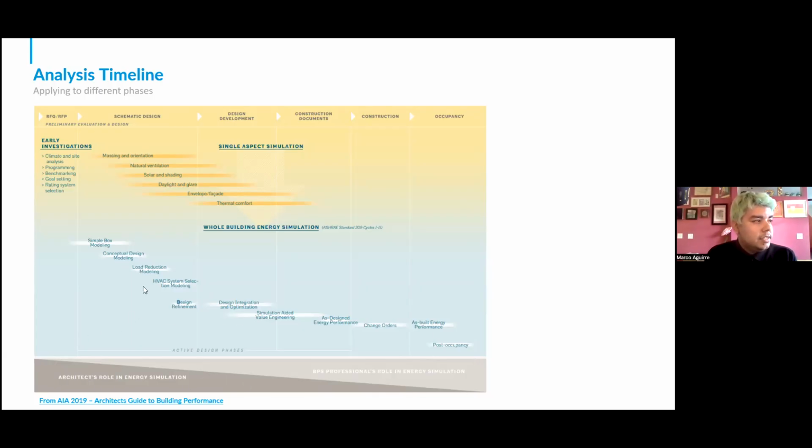But the architect does have a major role in massing, orientation, ventilation, shading, daylight, envelope, thermal comfort. And with the help of cove.tool, we can also give you more tools for energy modeling, concept design, load reduction, HVAC systems, etc. We're primarily focused on the earlier stages, but we're going to keep growing to cover more of those areas. But just want to showcase this graphic.